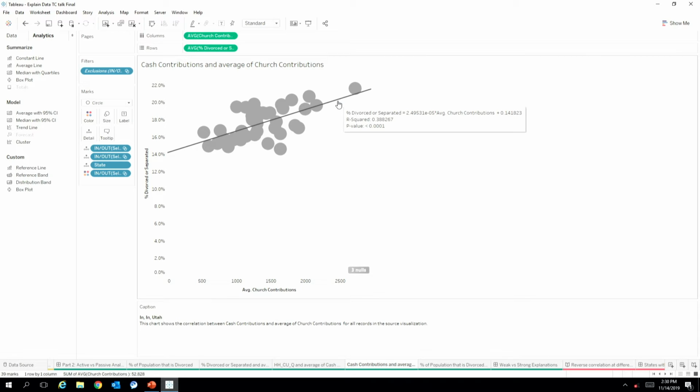And so it didn't present this explanation, it didn't calculate this as an explanation because it cannot be said in general that high church contributions is related to low divorce. And so one of the ways in which explain data is calculating what explanations it gives you is it tries to find things that are true in general and also true for that specific mark. In this case, we just found Utah is an outlier in many different ways.